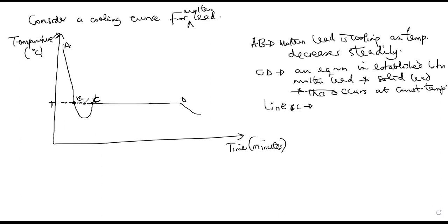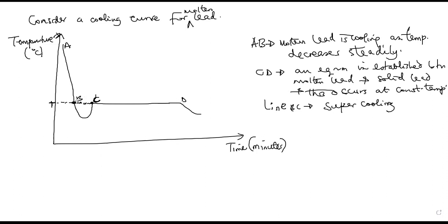This line BC shows a condition of supercooling. However, after forming the first crystal, heat is absorbed from the surroundings along this point, and further solidification occurs at constant temperature. So BC shows supercooling.